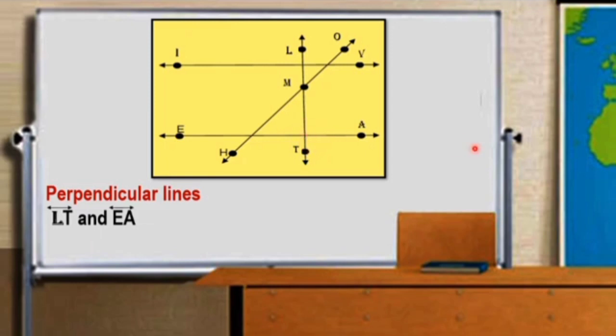Meron pa ba? Tama! We have also line LT and line IV. They intersect and they formed square corners dito sa portion na ito.